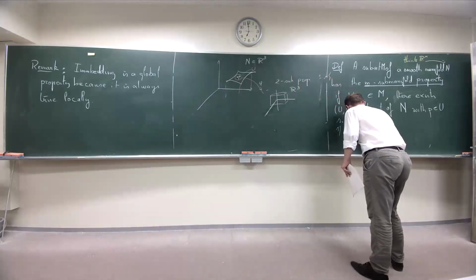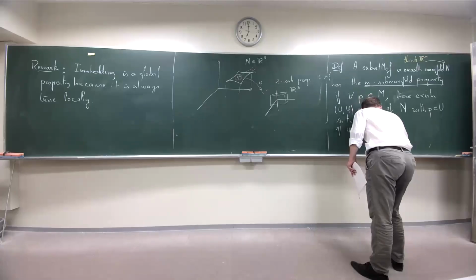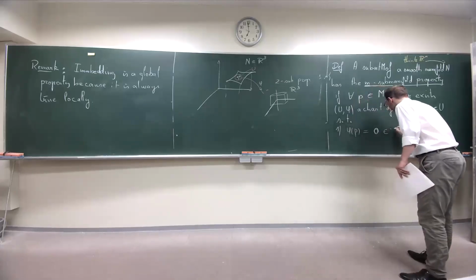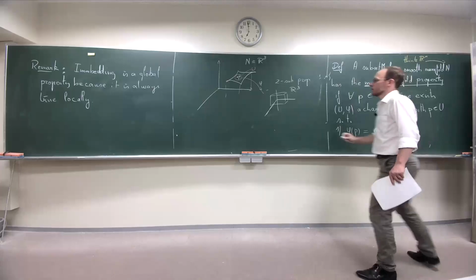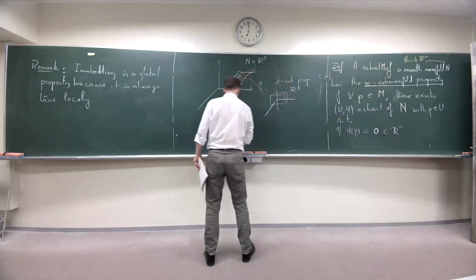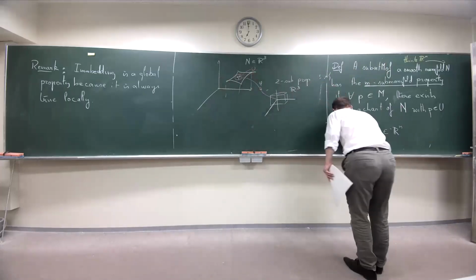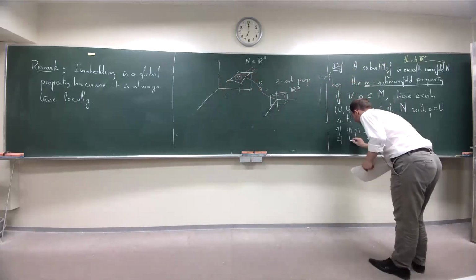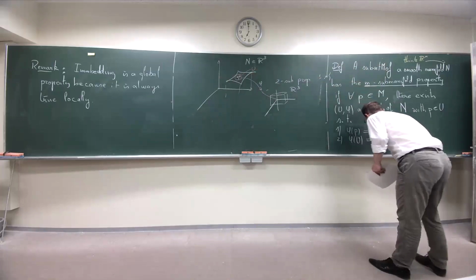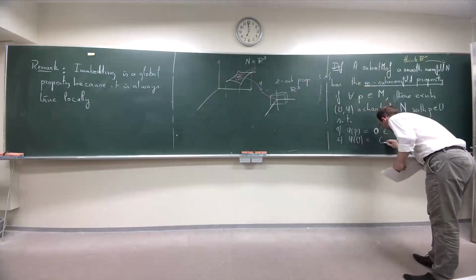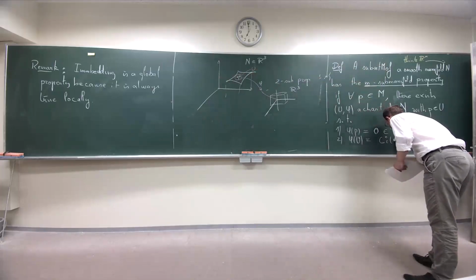Phi of p is equal to the zero of R^n. So it means this p is sent to 0. The second point is that the image of U is precisely this C_n^epsilon(0).